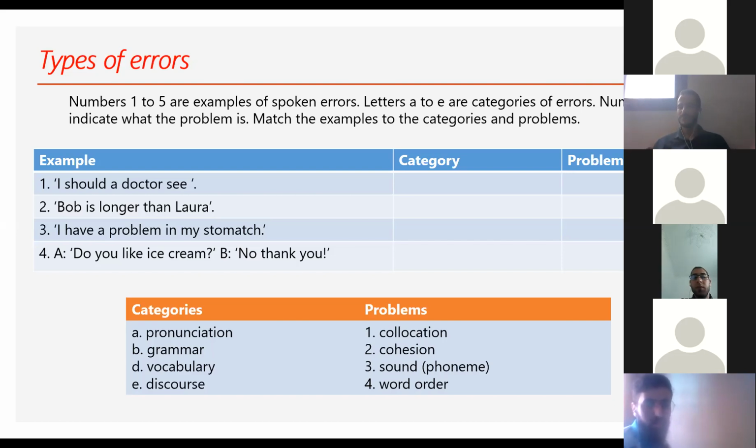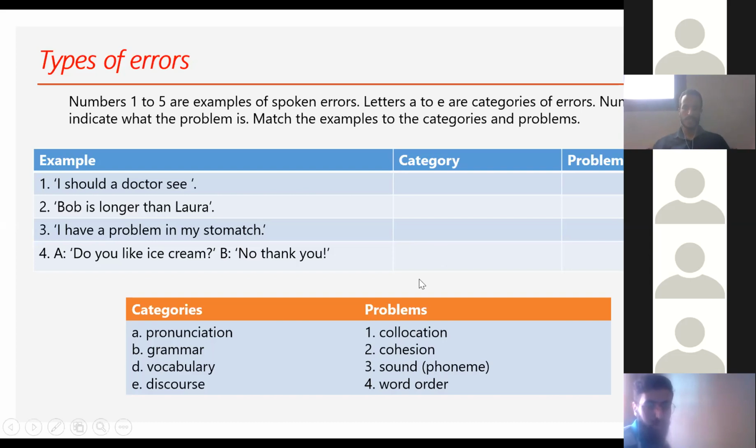We say stomach. It's very funny when you teach your students stomach, and they say stomach. This is a very common mistake. Yes, Miriam. "Do you like ice cream?" "No, thank you." I think it's a problem of cohesion, and the category is discourse. You agree? Yes.